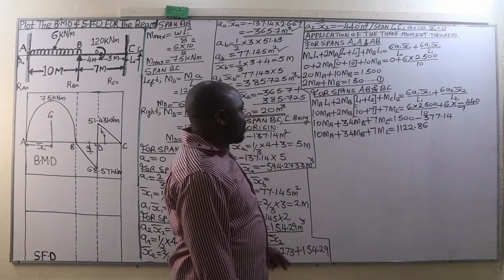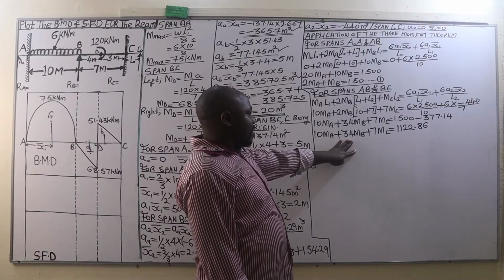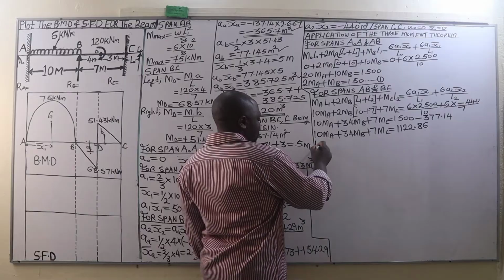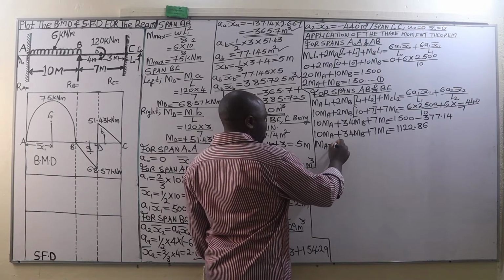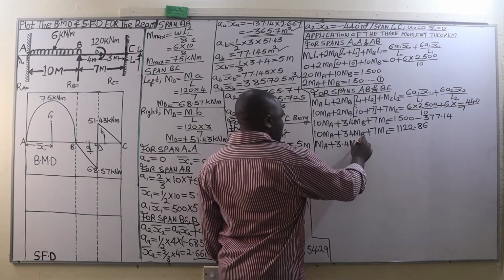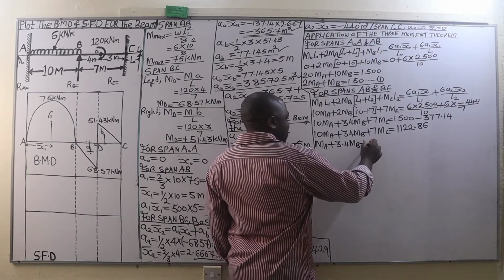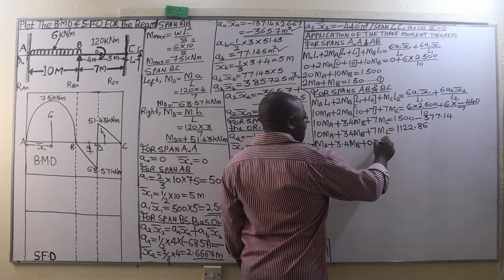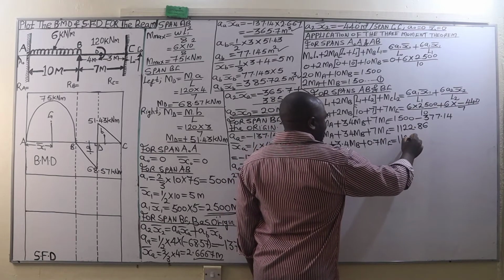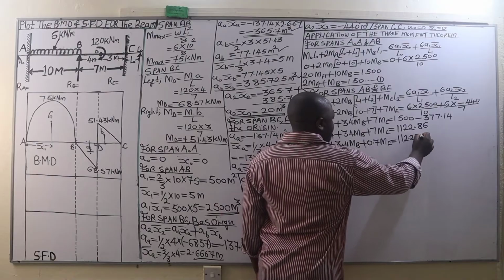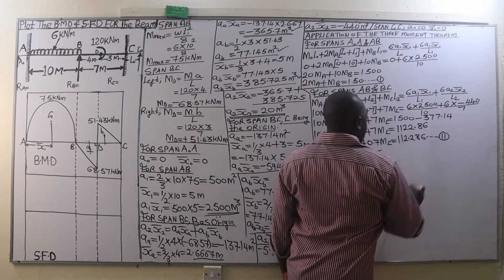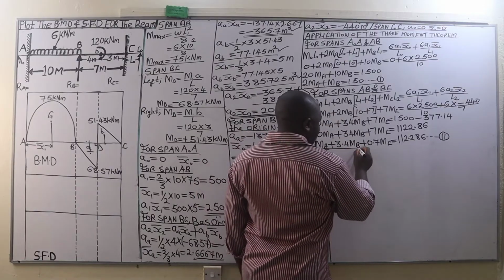Then we are going to divide through by this 10, and this is going to give us MA plus 3.4 MB plus 0.7 MC being equal to 112.286. So this is going to be our equation 2. So that is our second equation.